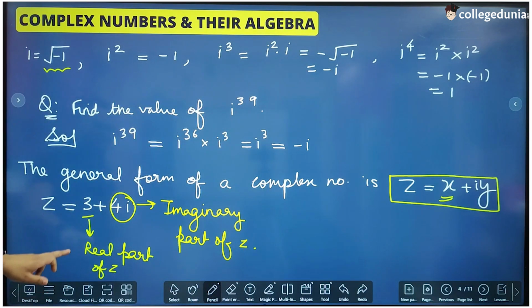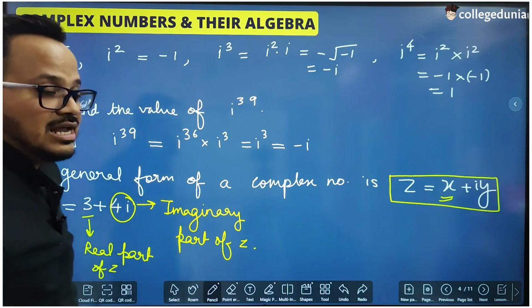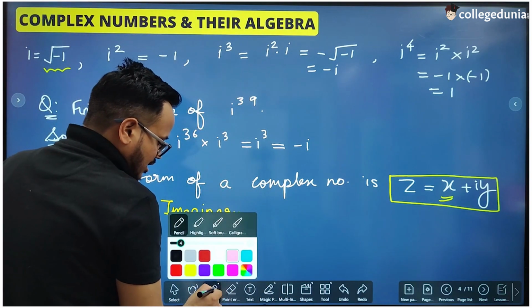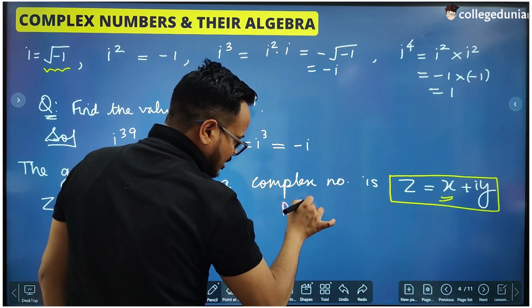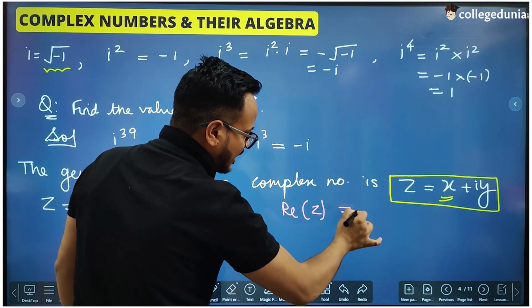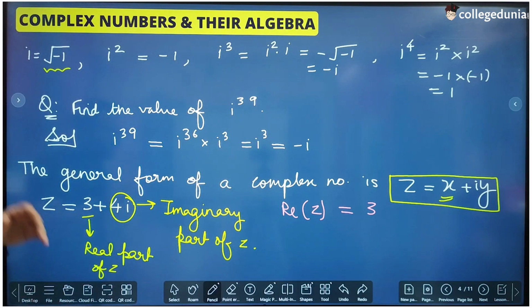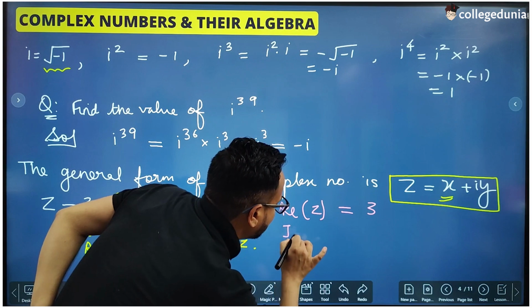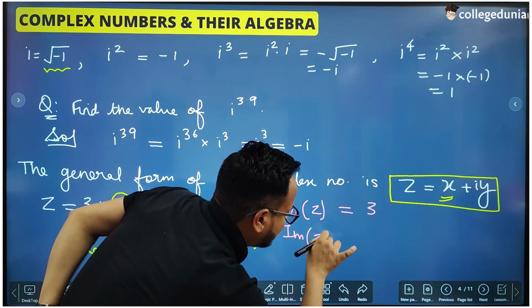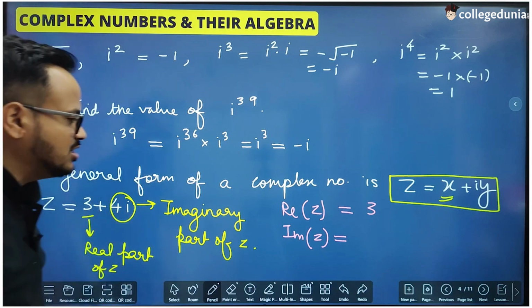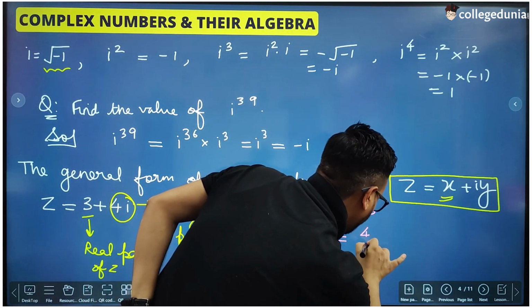This 3 is the real part of z, and this 4i is called the imaginary part of z. These are also represented by these symbols: Re of z, which means the real part of z, which is 3, and Im z. Im z means the imaginary part of z, which in this case is 4i.